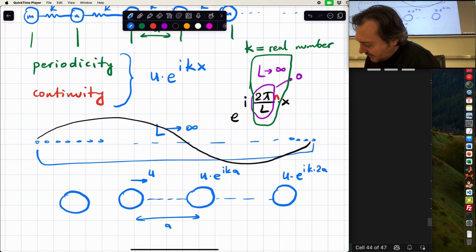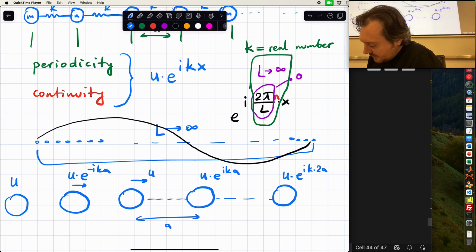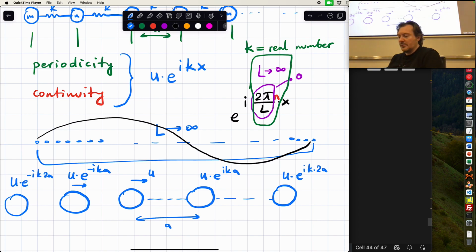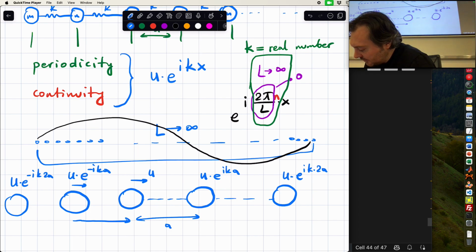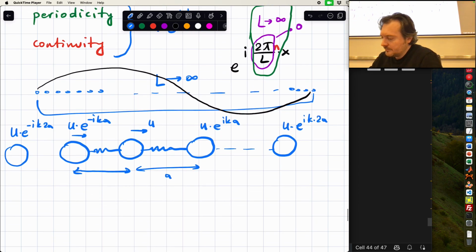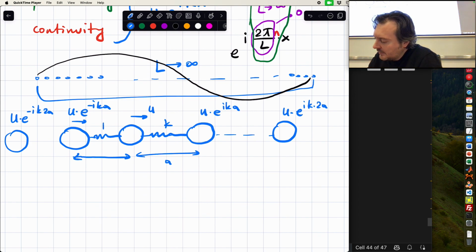How about this one? Can you tell me what's this one? E to the minus ika. Very good. And this one? Yes, very good. Now let's construct our equation of motion for this system. So you have k here, m here, m here, m here.